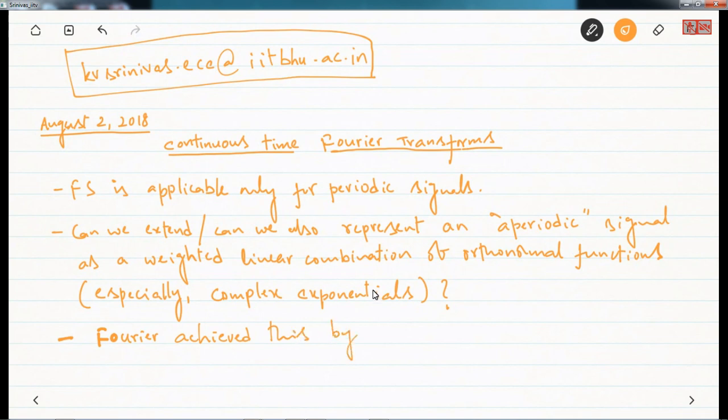The trick is simply this: an aperiodic signal he considered as a periodic signal with infinite period. We'll study this concept in detail in the next few minutes.